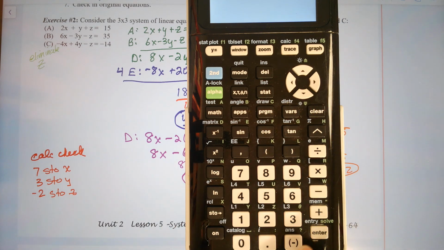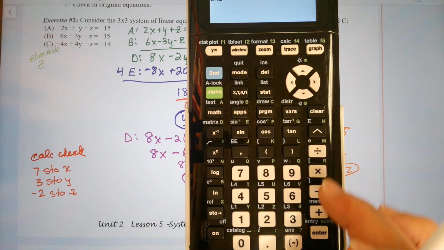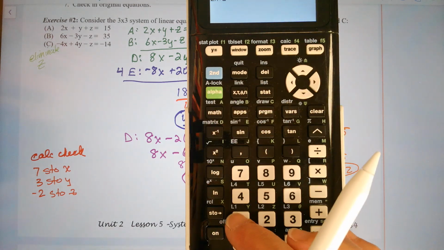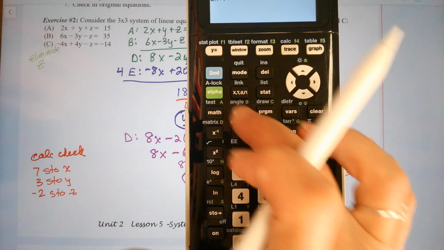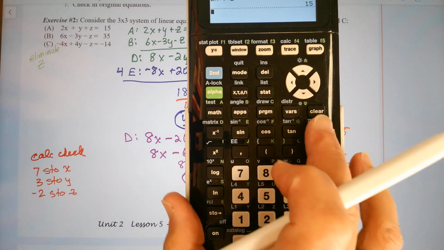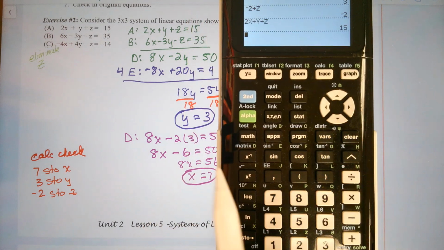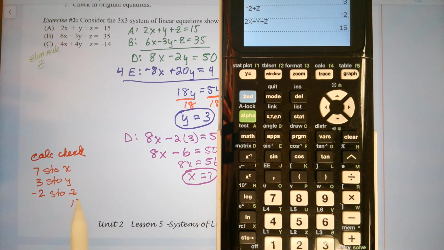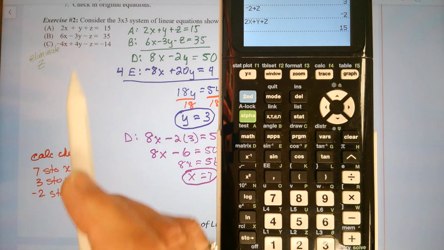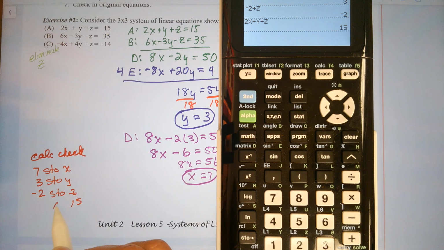So a 2x plus y plus z, 2x plus alpha 1 is for y, plus alpha 2 is for z, and it gave me 15. Alright, so I get 15, which checks. The first equation was 15, so A was 15, that checks.